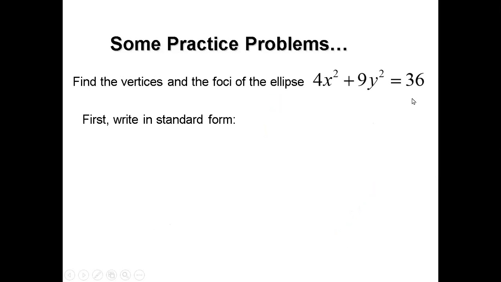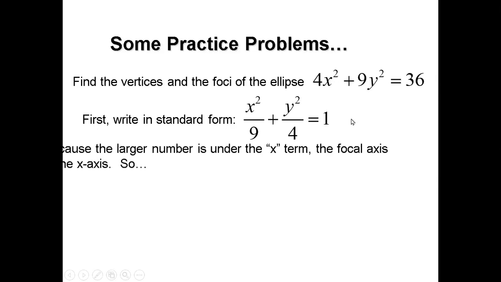So how will you make the right side equal to 1? By dividing it by 36. When we divide 36 on the right side, we also divide by 36 on the left side. After dividing, we get x squared over 9 plus y squared over 4 equals 1.